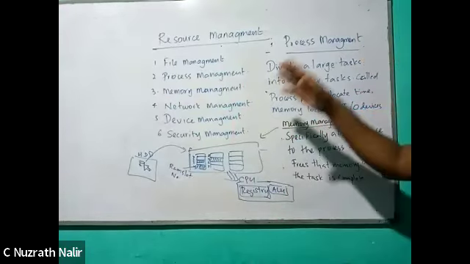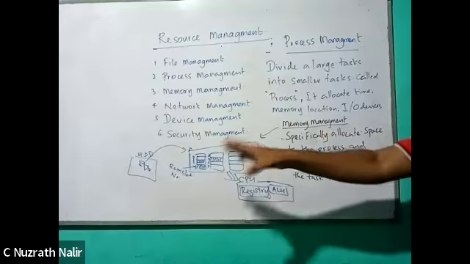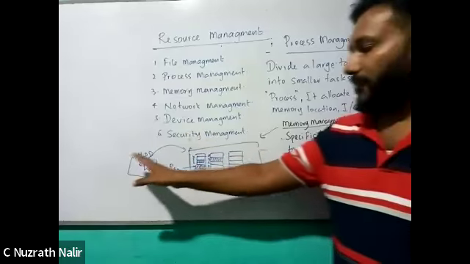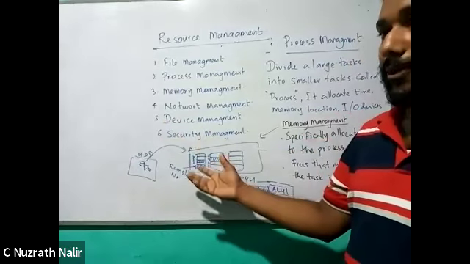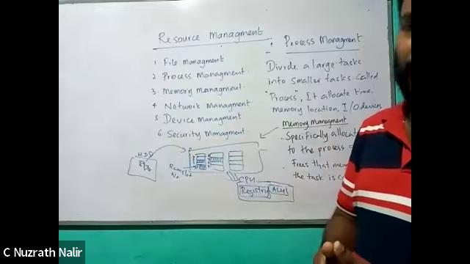Then we discussed file management, process management, memory management. Simple problems, okay? Even here, whatever files are loaded into the RAM memory are considered a process. That is what we call a process.